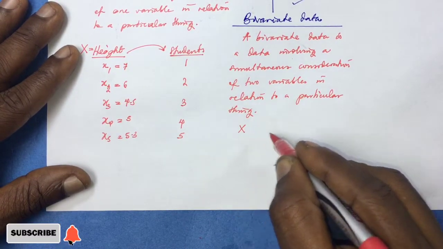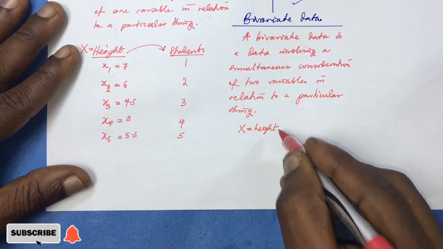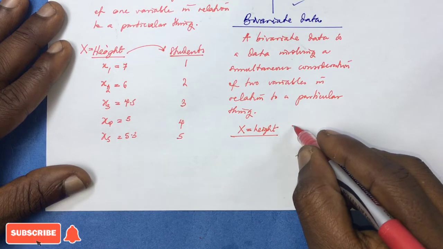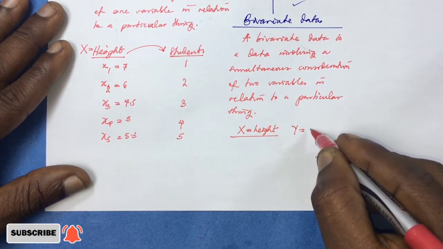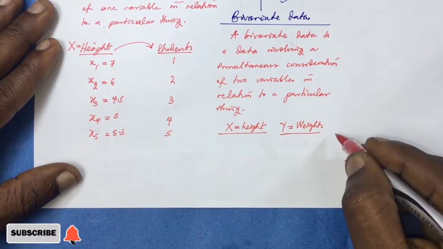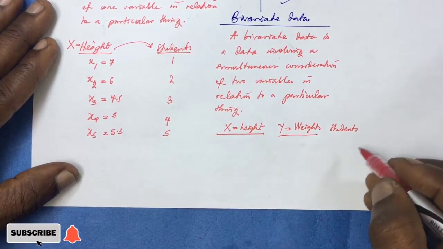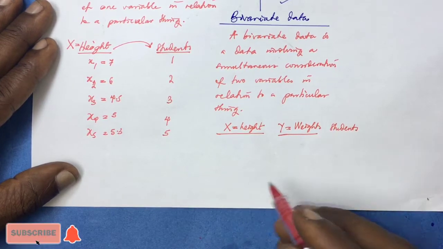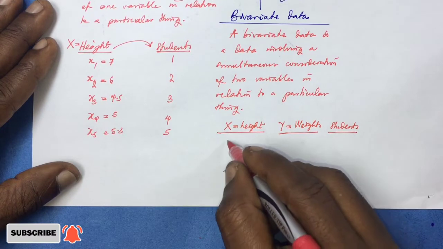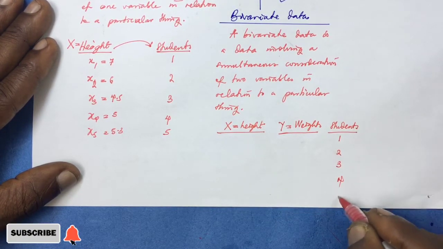Let's say x will be the height. Let's assume that x represents the height of students, and let's assume that y represents their weights. Now what are we doing? We are considering the heights and weights of students in relation to students, the object. Let's assume that there were 5 students, 1, 2, 3, 4, and 5.